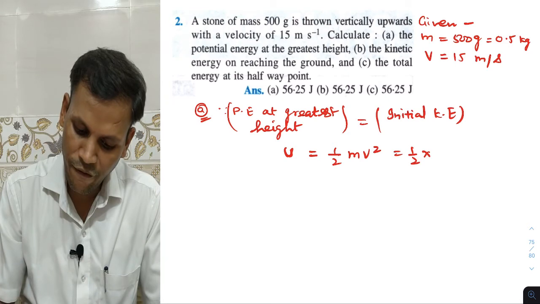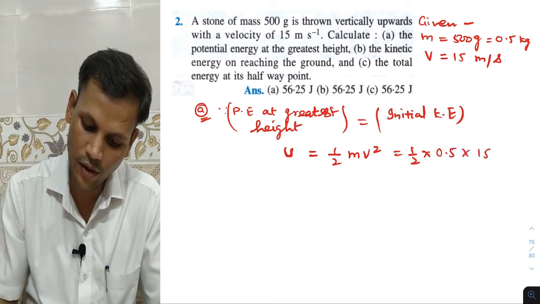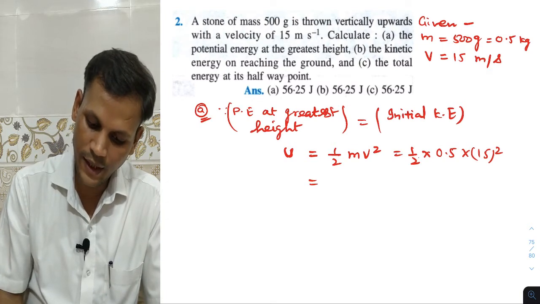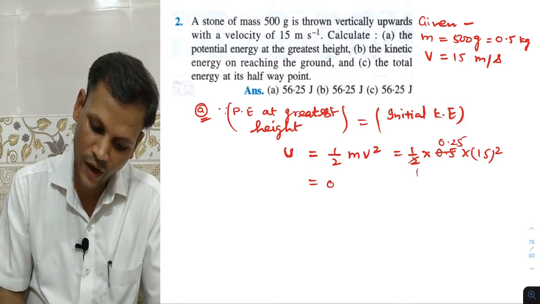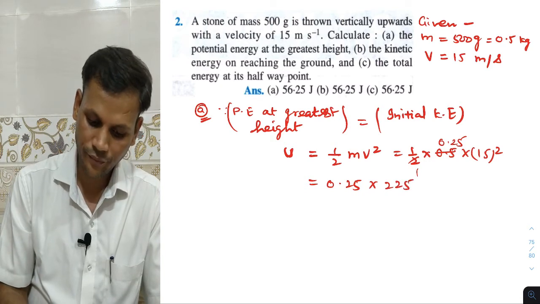So 0.5 into v, velocity is 15, that squared. This will be 0.25 into 225.